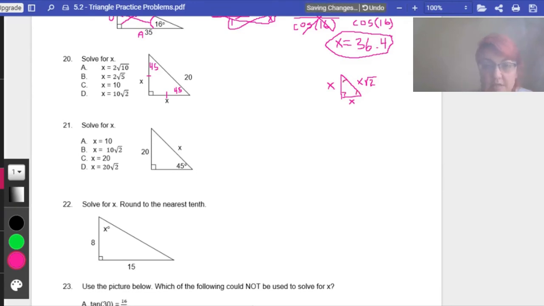So that means that x times the square root of 2 is equal to 20. So to solve for x, I'm going to divide by the square root of 2.